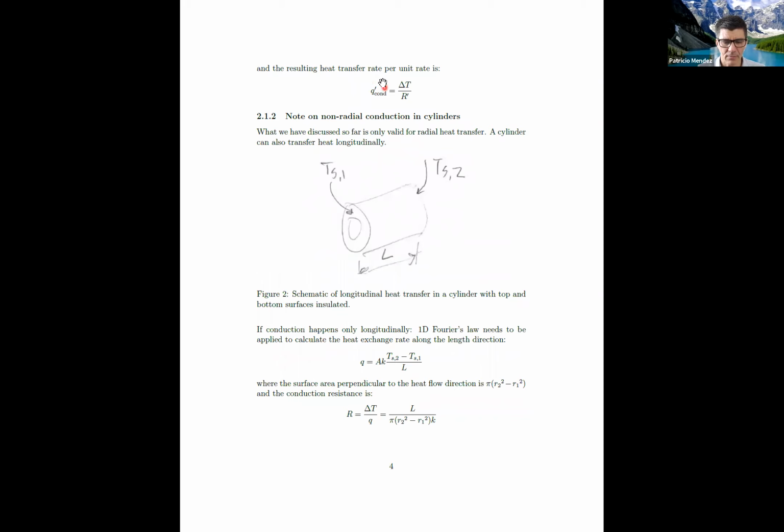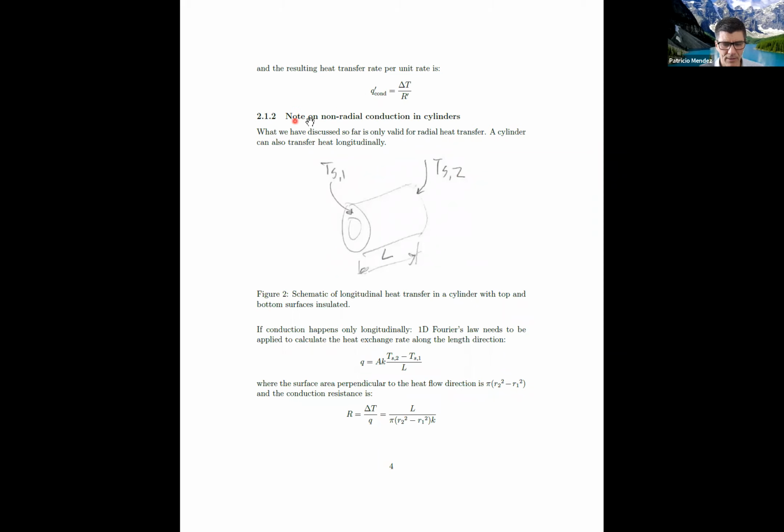And the concept associated with thermal resistance per unit length is the heat rate per unit length. In this case, heat rate per unit length is Q prime, which means Q divided by L as usual. For Q, it works. For resistance, it doesn't work.